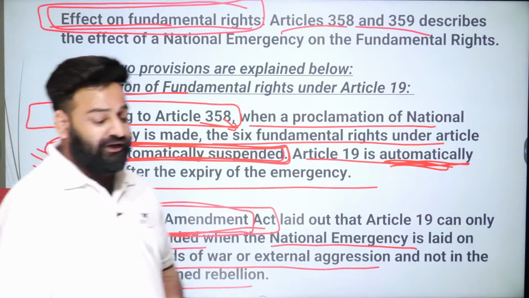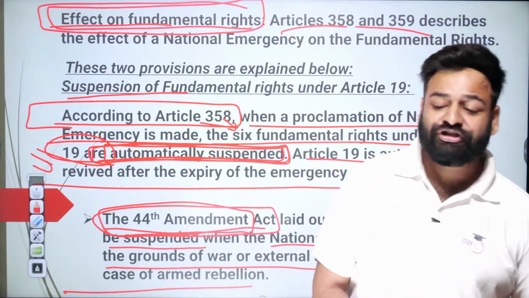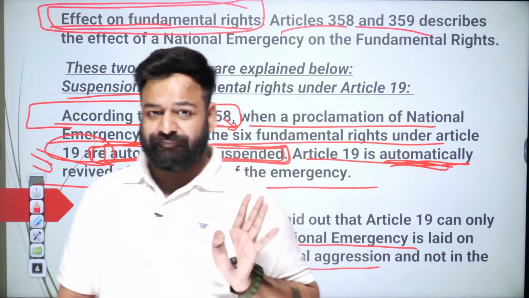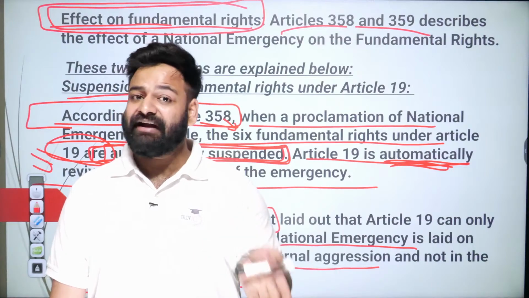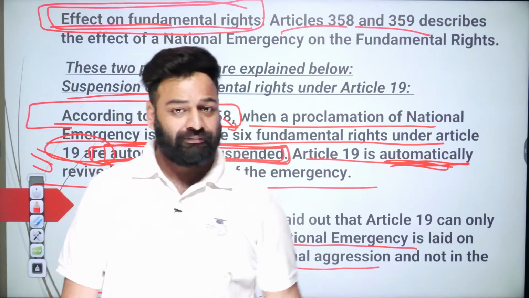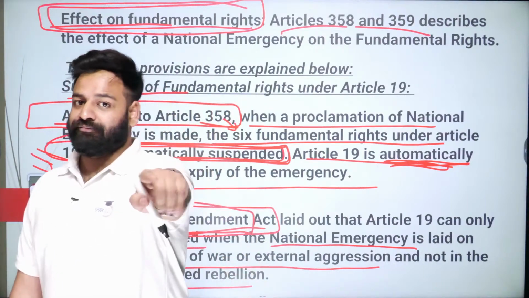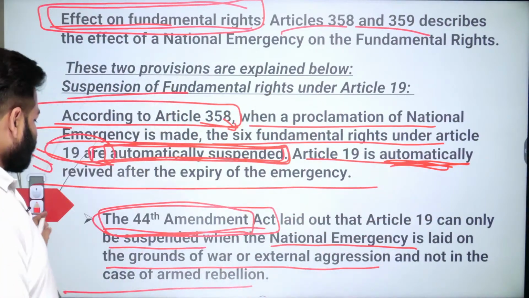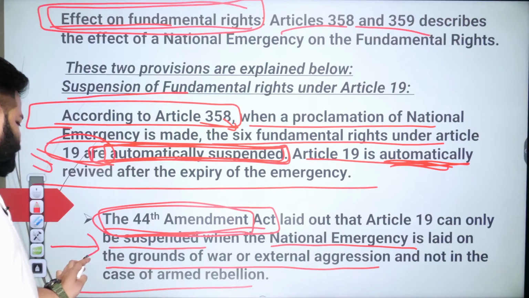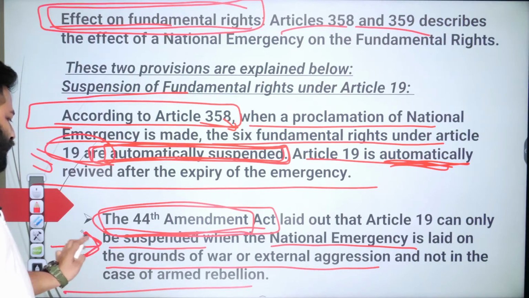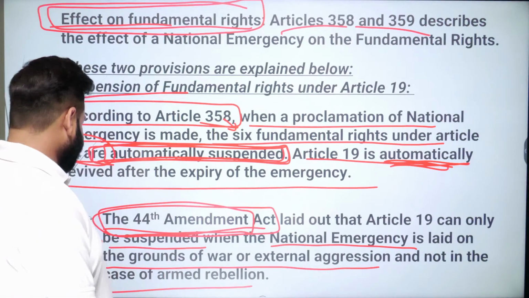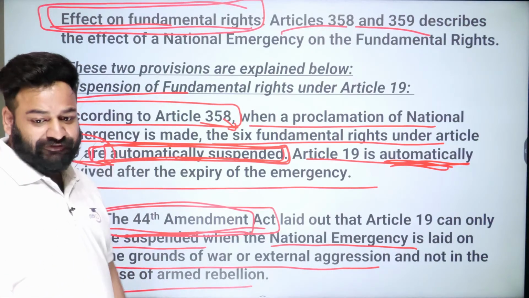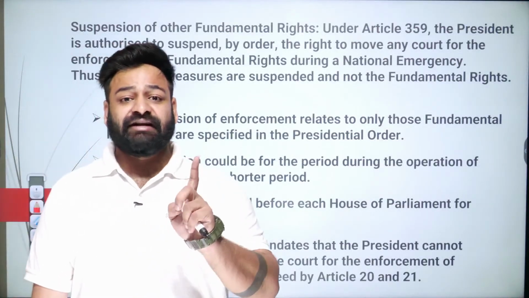So guys, the next big thing: the 44th Constitutional Amendment Act made it absolutely clear that the fundamental rights guaranteed to us under article 19 will get suspended only, and there is a catch, when the emergency is proclaimed on the grounds of external aggression or war and not on the grounds of internal emergency, that is armed rebellion. If the emergency is declared on the grounds of internal emergency or armed rebellion, then article 19 stays.